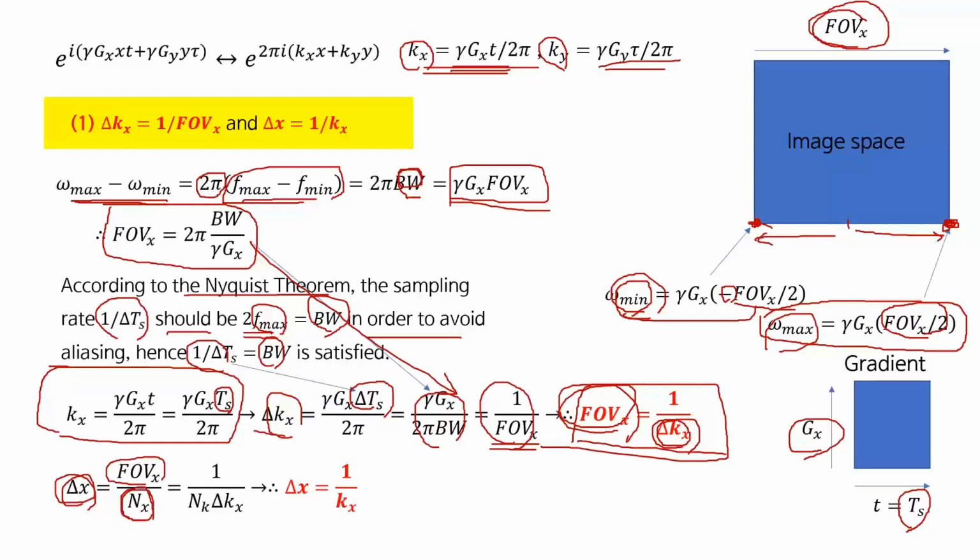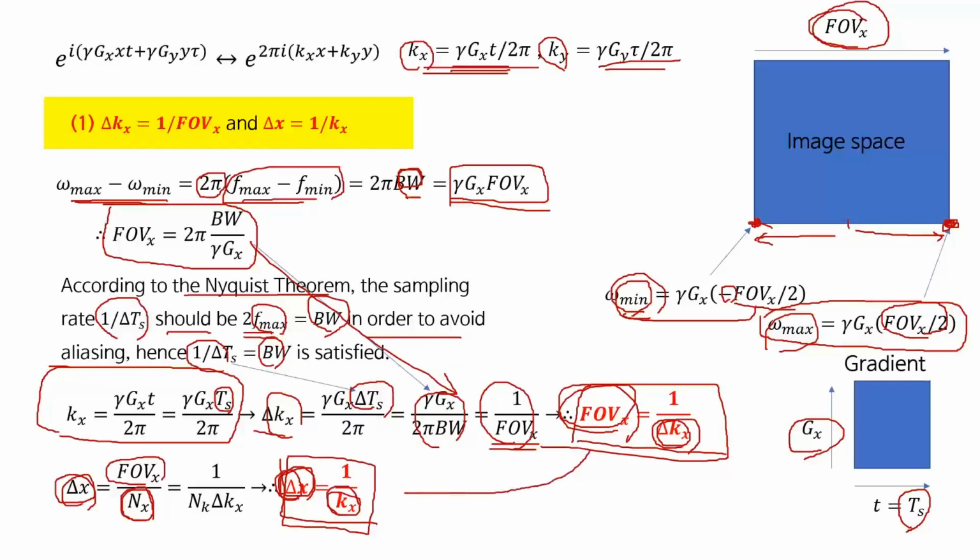If you use this one, then finally we get this relationship. So delta x is the pixel size, and kx is the size in k-space along the x direction.